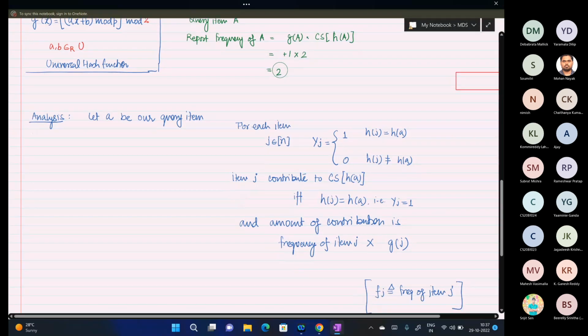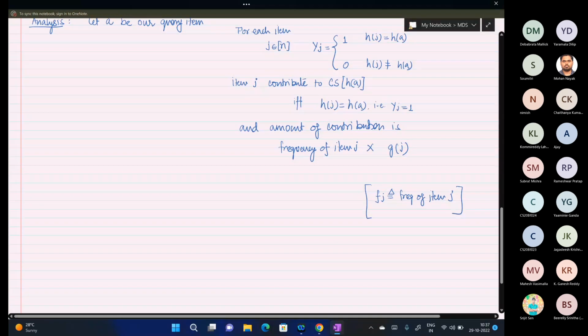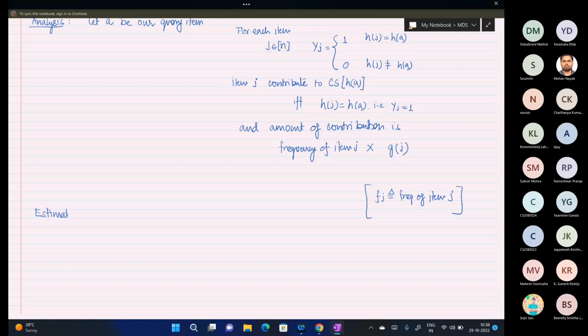Okay, so now we'll try to write our estimator of the frequency of query item A. Suppose I'm denoting that estimator as, say, x. So what will be x?